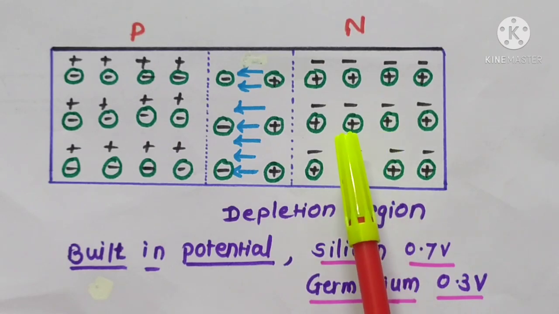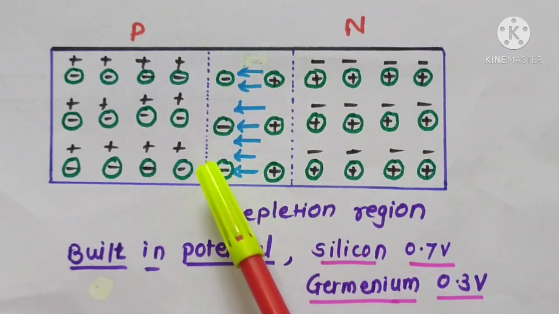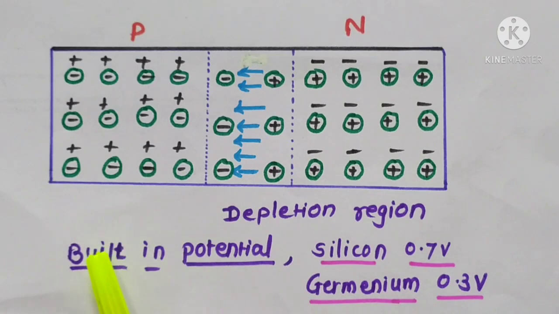Okay students, this barrier potential is also known as the built-in potential. For silicon this built-in potential is 0.7 volt, while for germanium it is roughly 0.3 volt.